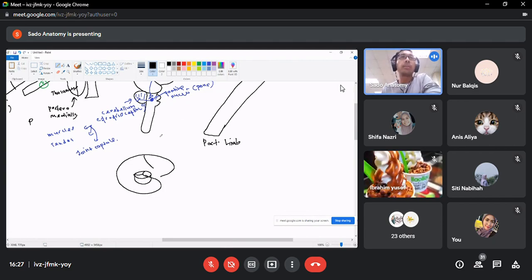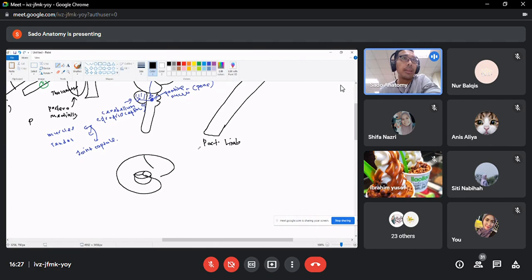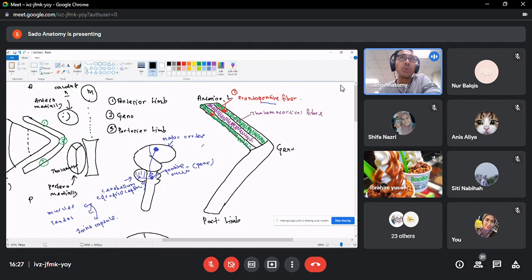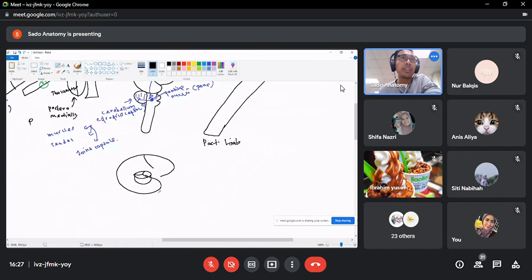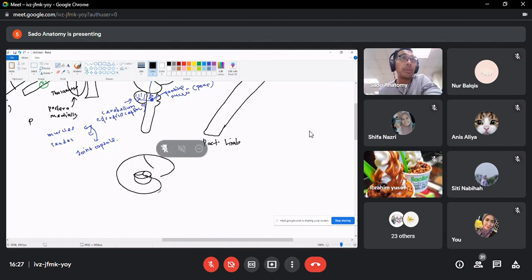Okay, class. This thalamocortical fiber, this is not the first time you have heard about this tract. Am I right, class? You learned about it when we talked about basal ganglia connections. Do you still remember, class, thalamocortical fiber? Can you describe for me what the thalamocortical fiber is? Where does it come from and which region does it terminate at?